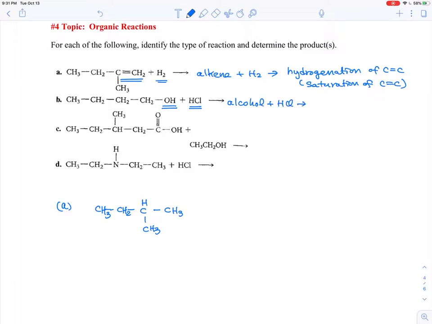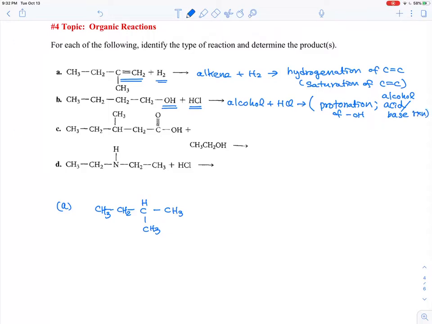And the first step that is going to be happening here is actually protonation of OH, and so that's essentially an acid base reaction. Yeah, alcohol, acid base reaction.